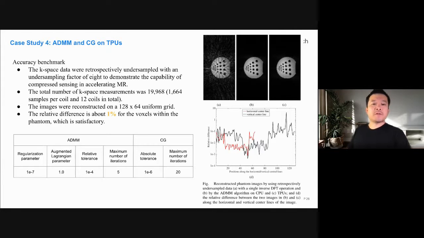We have 12 cores in total. The images were reconstructed on a uniform grid of size 128 by 64. The relative difference is about 1% for the voxels within the phantom, which is considered satisfactory.